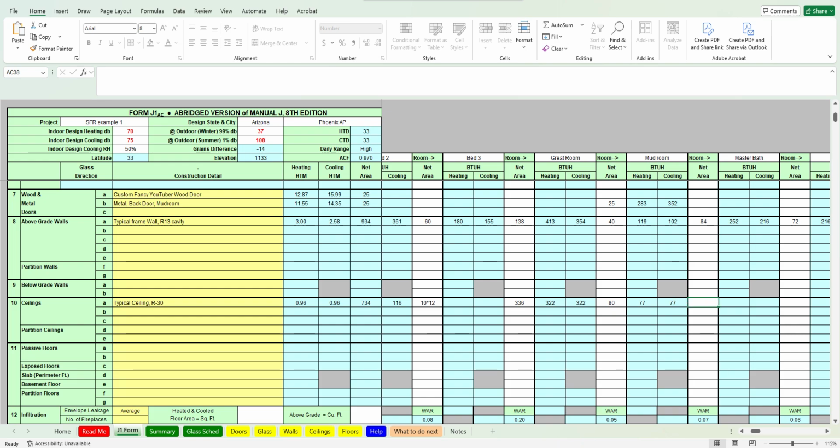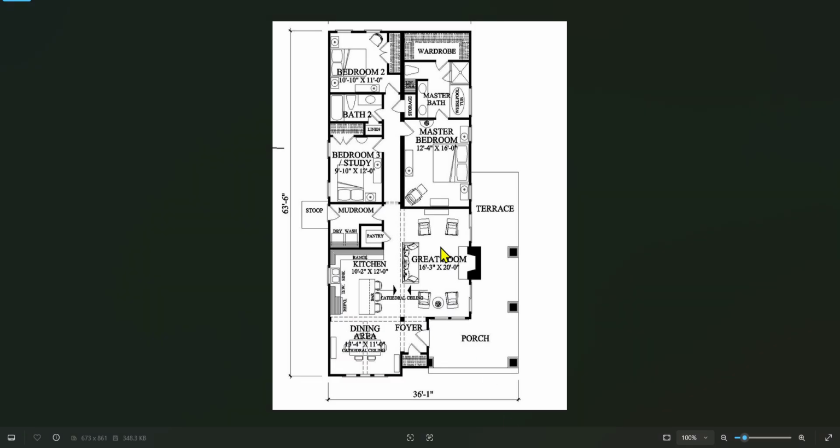Now let's go over to the master bath. That's this whole area. I did not include this portion of the wall.